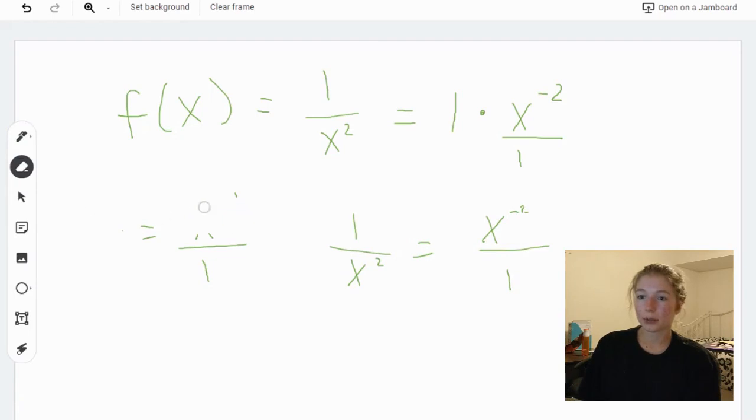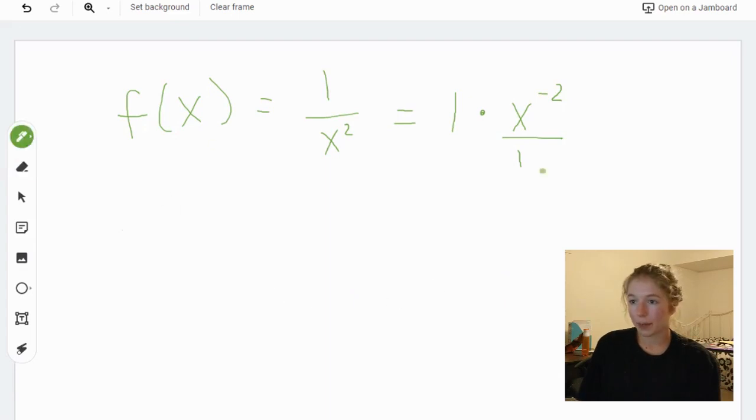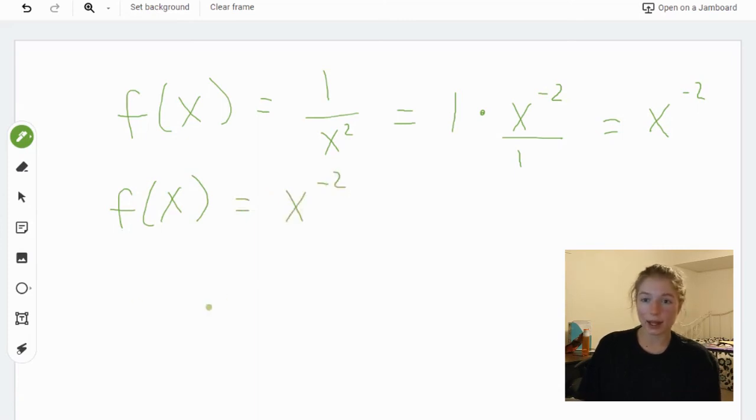So now that we've got that, we have our equation in the form that we need. We can simplify it to x to the negative 2. Now we want to find the derivative of x to the negative 2. And we're just going to go back and apply our power rule.